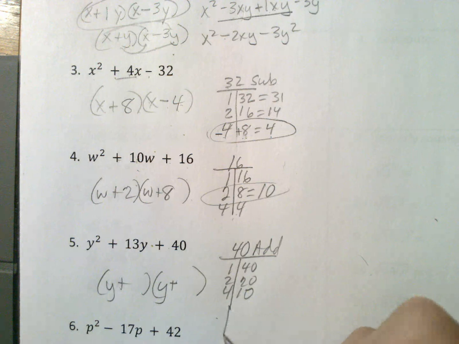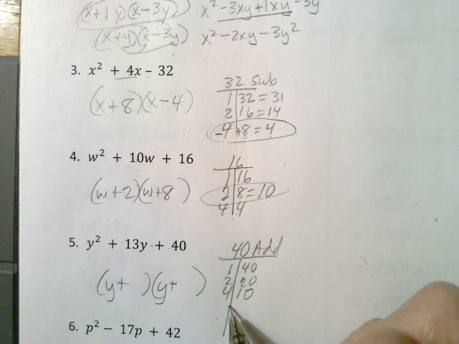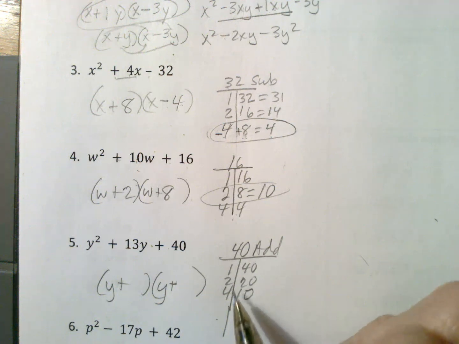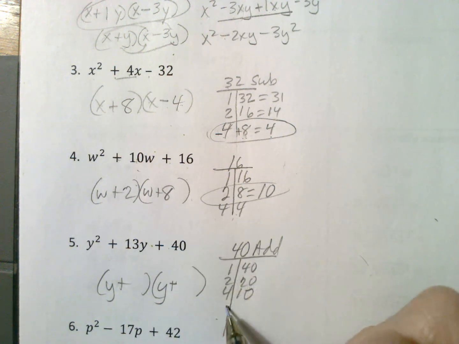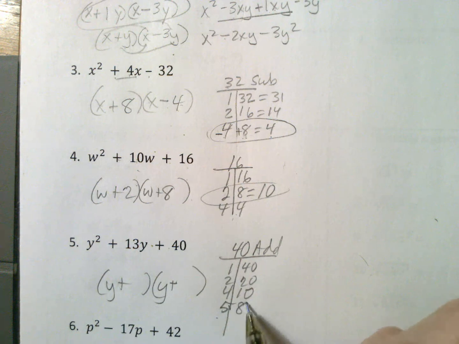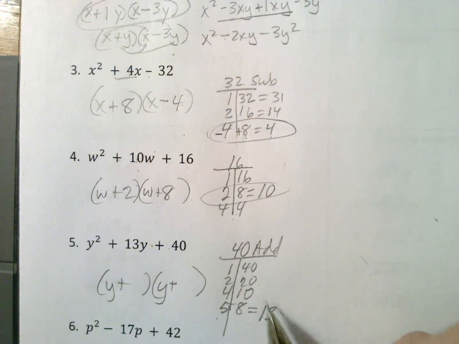That's 14. 3 doesn't go into 40. Do I have any notes on these? I may have notes, but I don't know where they are. Let's see. What else is, 5 and 8. There we go. See? Just got to keep going.